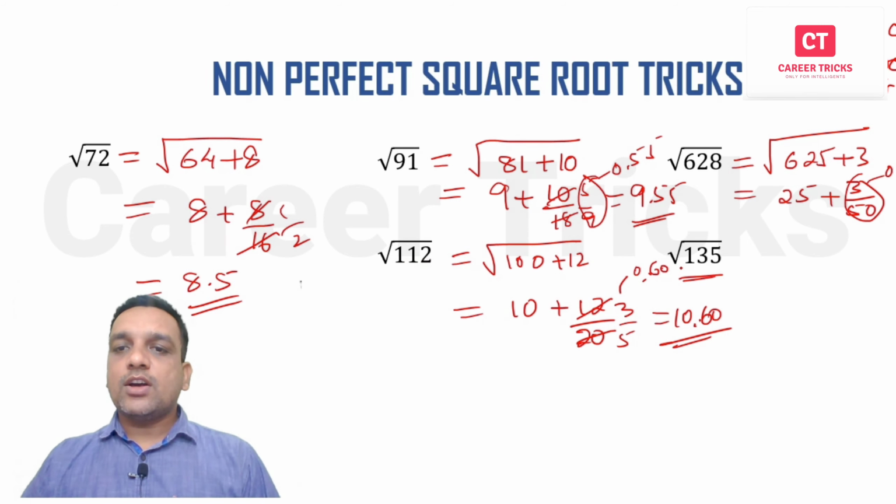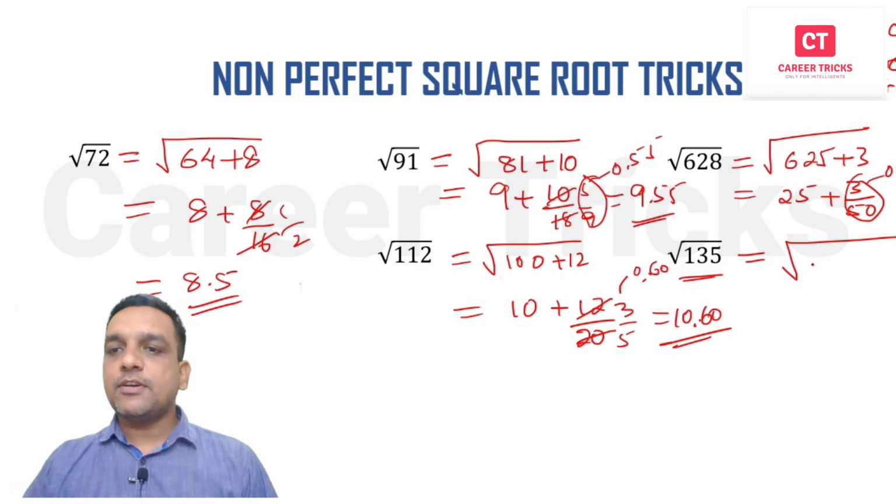Next the square root of 135 we are solving. The square root of 135 we can solve by splitting into two terms. One perfect square number, that is 121 plus 14. If you add, you will get 135. After taking the square root out, you will get 11 plus 14 divided by 22.